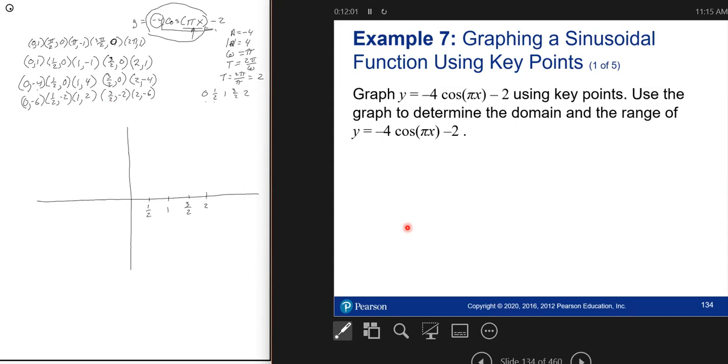So 2 is the highest value we get to, and -6 is the lowest. I'm bunching them up a little bit there.